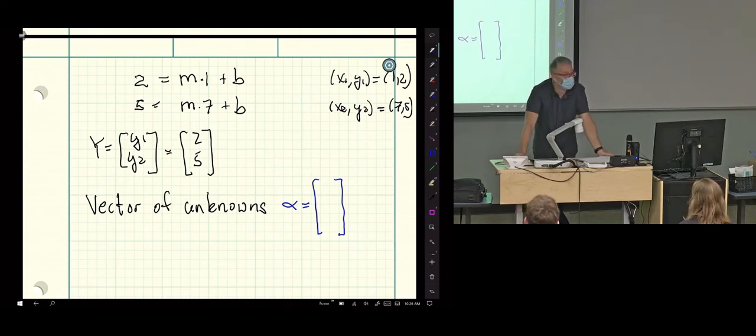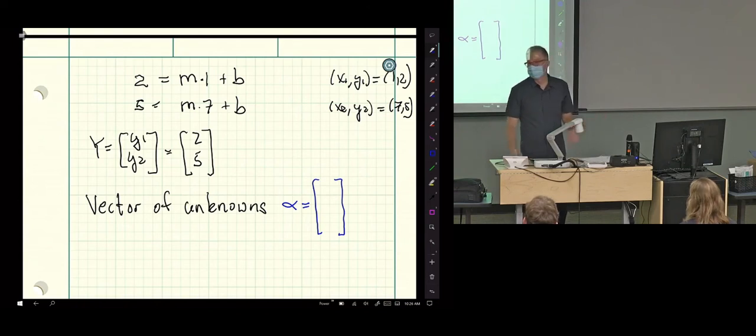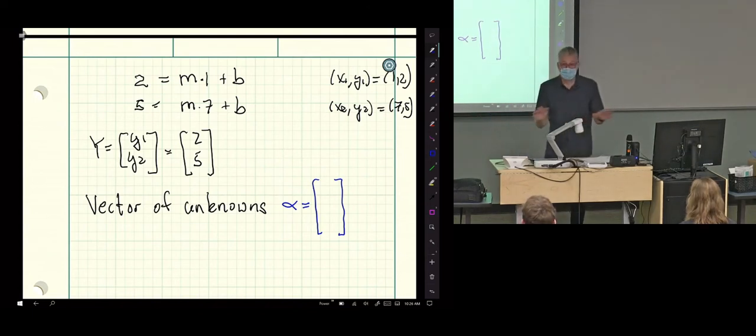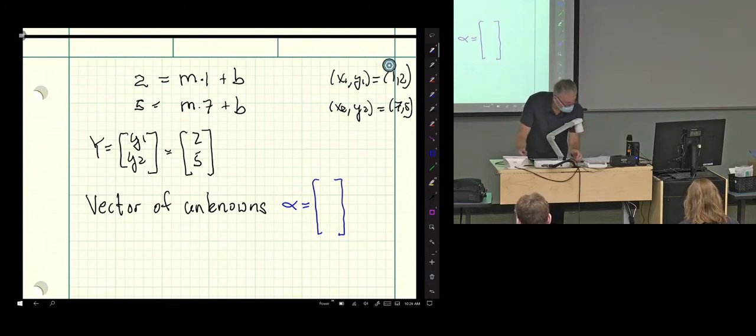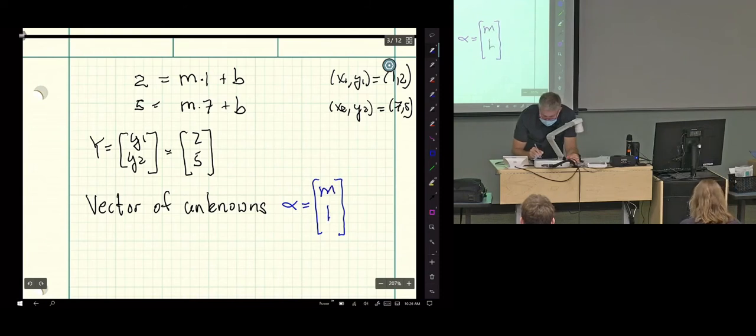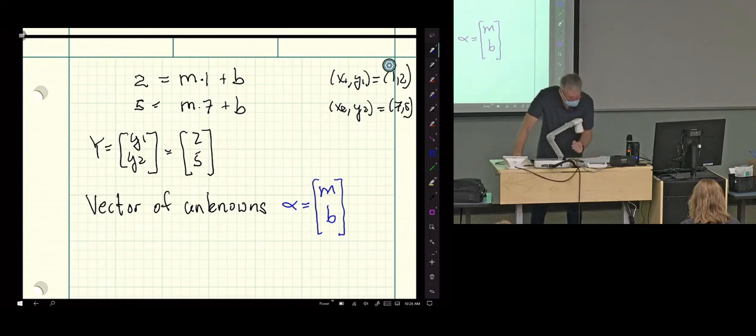Alphabetical, or the first one that shows up in the equation. Everybody can do it differently. I'm just pointing out, when we did x1, x2, x3, everybody knew the order they had to go in. Here, there is no right order. It's your personal choice, okay? There's a choice. So this is what I chose. Slope, and then the offset.